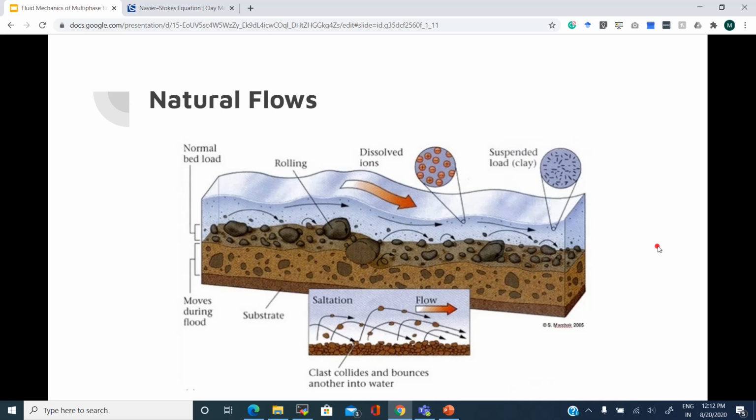So the flow affects the bed morphology, and the bed morphology in turn affects the flow as well. If you start with some geometry of the bed and some flow rate of the river, after some time it may happen that the morphology will change.